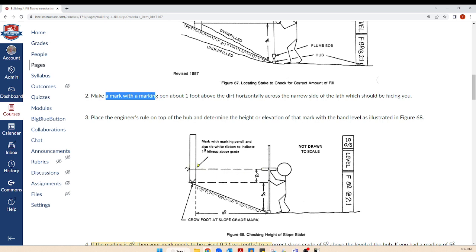So again, I have a 5 foot mark, 5 foot above this toe hub right here. There's a mark. But to find grade, since I'm using a 1 foot hike up, I want to measure down a foot. And that puts me on grade. And that's where I want to be. I want to be up 4 foot and over 8 foot.